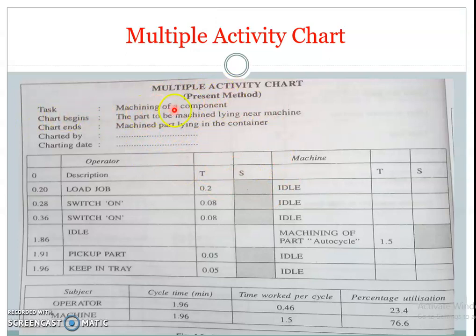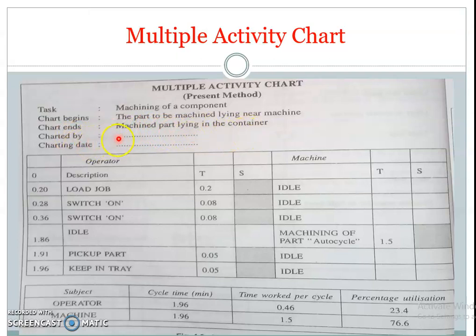The task here is the machining of a component. There will be an interrelationship between operator and machine. The chart will begin with the part to be machined lying near the machine, and it will end after putting the machined part in the container.